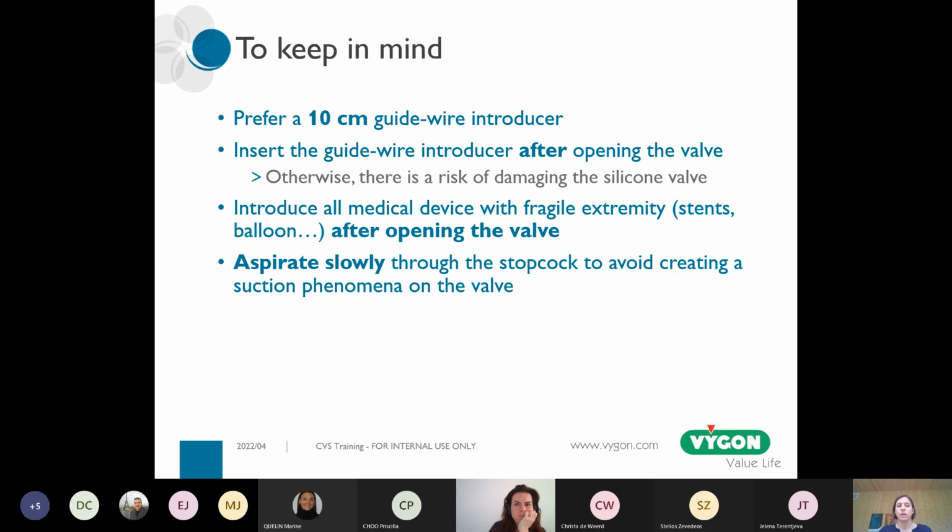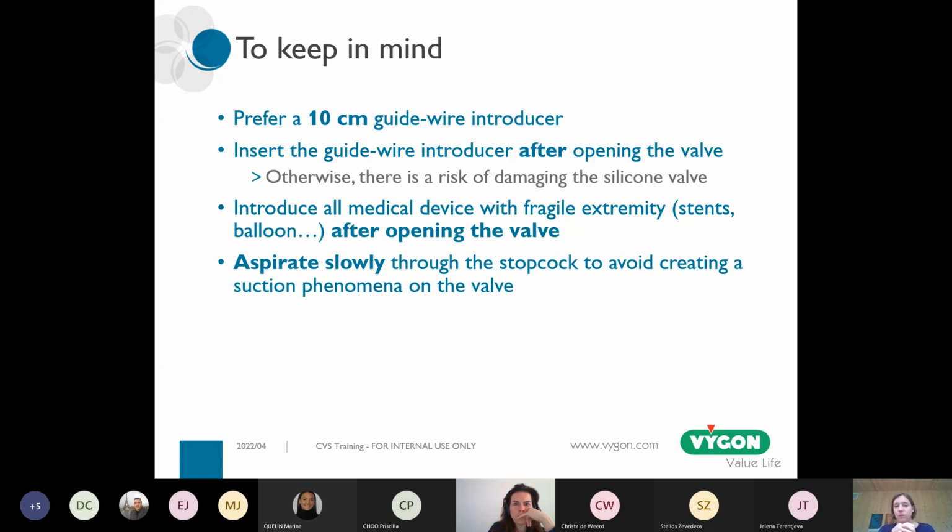Some advice to use MyShell, but it is advice for other Y connectors like Squid. You have to use a 10 centimeter guide wire introducer. This is the guide wire in the kit. When you insert the guide wire introducer, you have to open the valve.